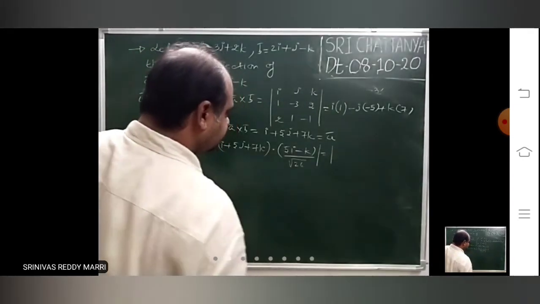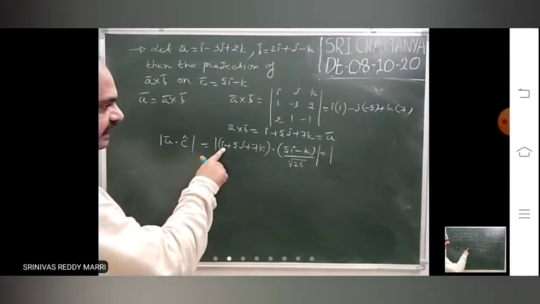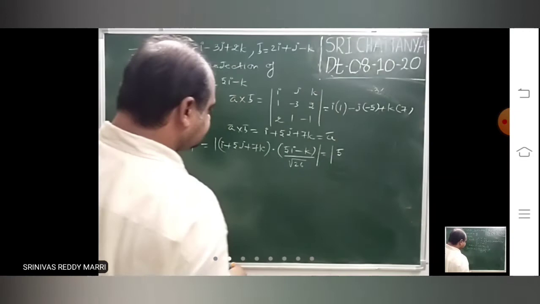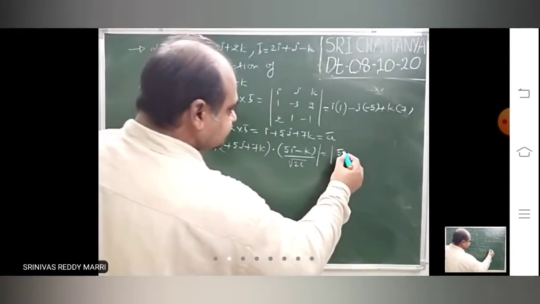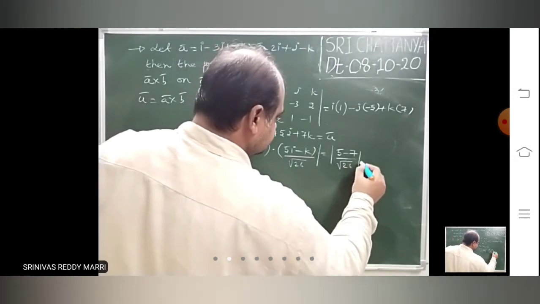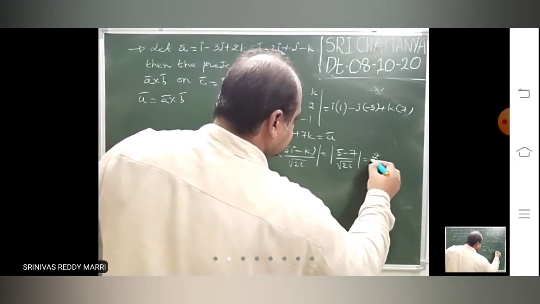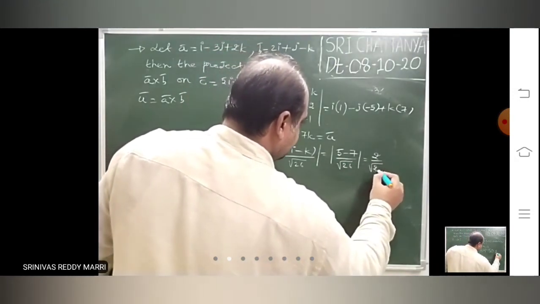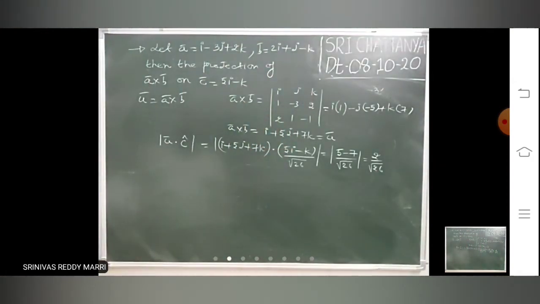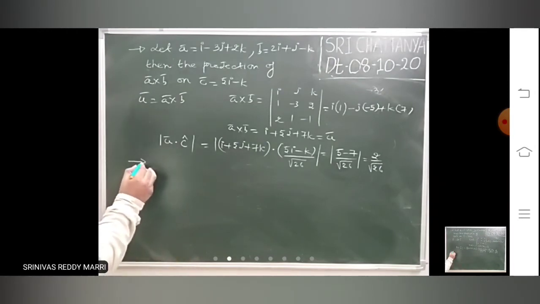Write the dot product here: this is 5, j is not there so 0, minus 7, divided by root of 26. That means this is nothing but 2 divided by root 26. That is the answer. So like that, A cross B can be calculated. Now look at the next one.